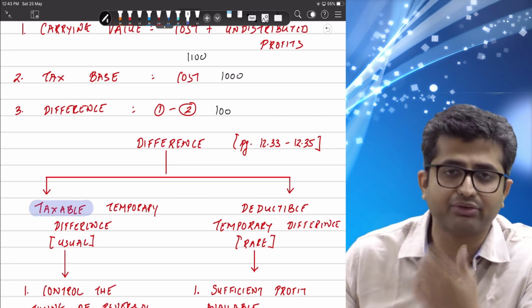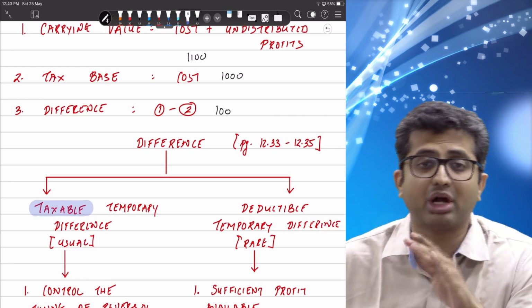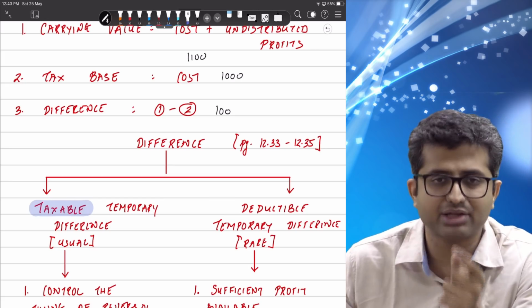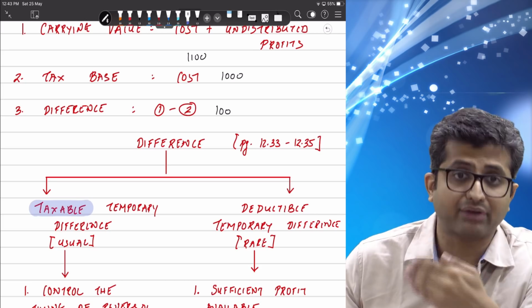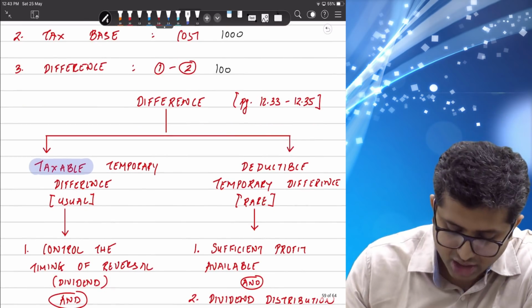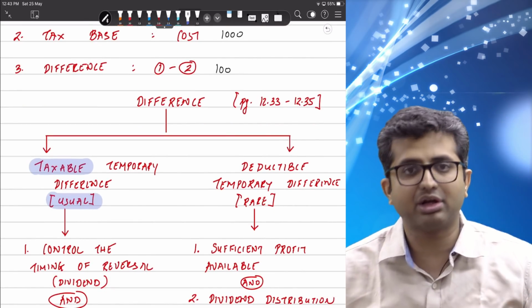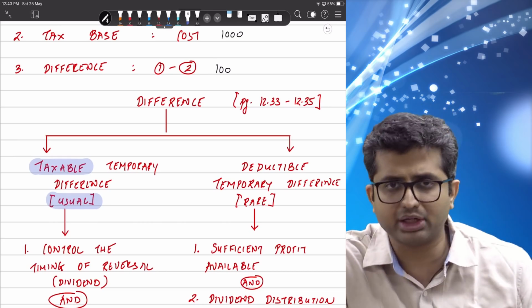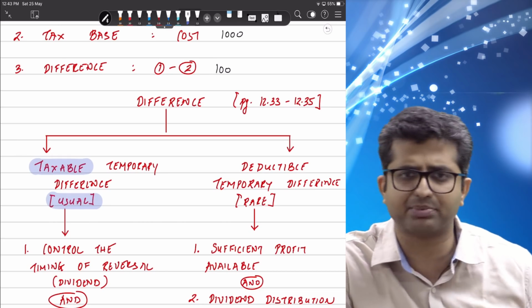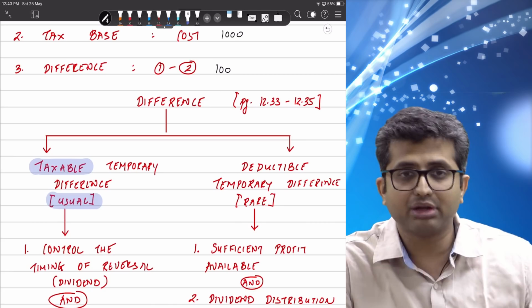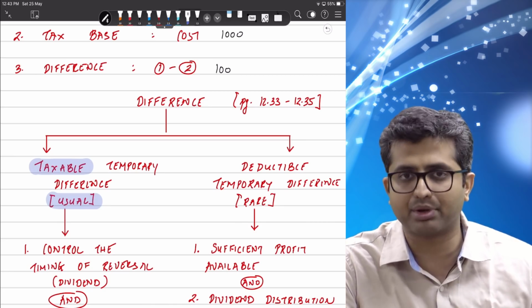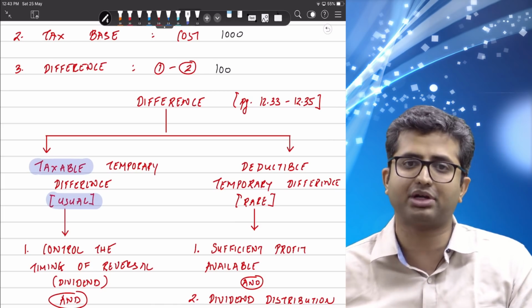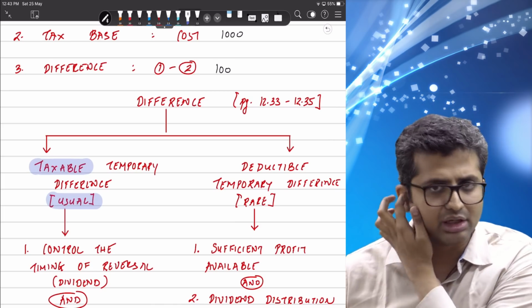But when dividend is distributed, income tax would charge DDT in the hands of the companies, and hence the company will have to have some profit available for tax in the future years. As a result, usually whenever an associate, a joint venture, and even a subsidiary, we'll discuss how a subsidiary also gets covered here, earns profits, it will result in taxable temporary differences, on which usually deferred tax liabilities should get created.